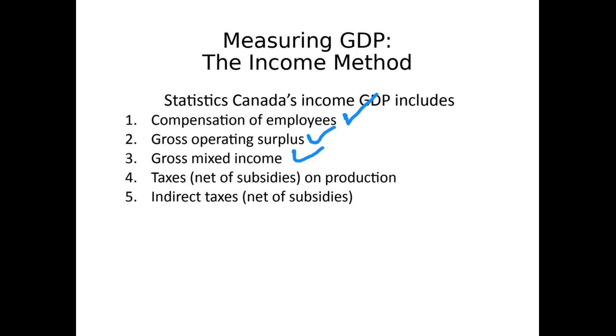Once we add all these three incomes, I will have to make adjustments. First adjustment is taxes, that is, net of subsidies on production, not income taxes. Remember, this is taxes on production. What are taxes on production?